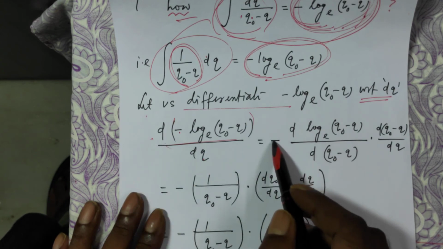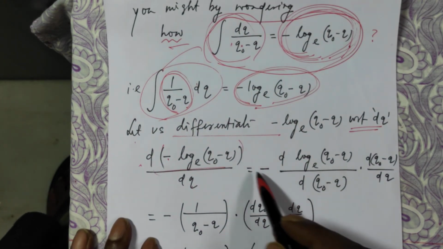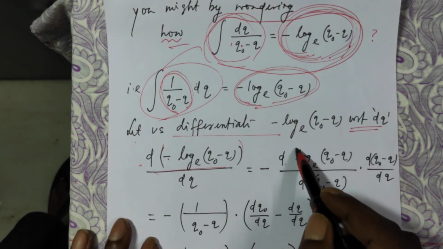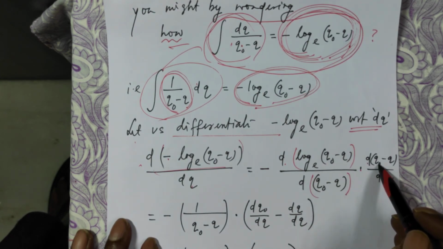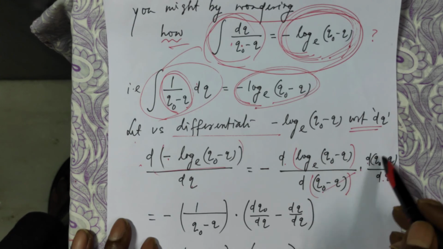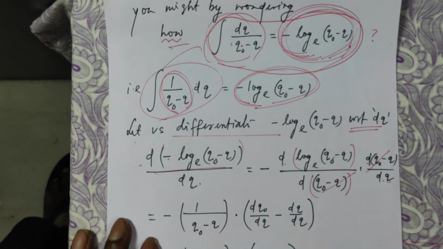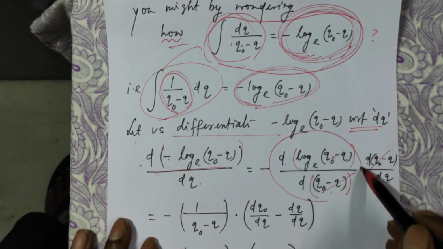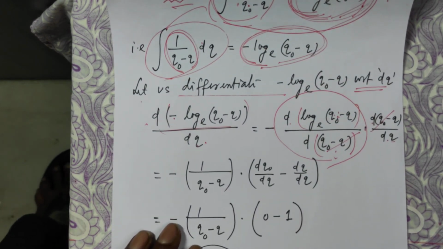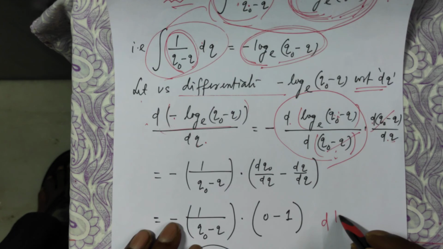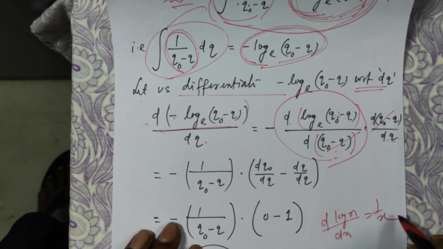Minus is a constant, taken out, minus 1. So this becomes the derivative of this with respect to this, multiplied by d of Q naught minus q over dq. By doing so, this comes under the formula 1 by x. The derivative of log x with respect to x is equal to 1 by x.